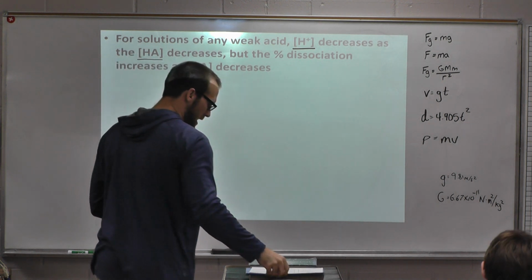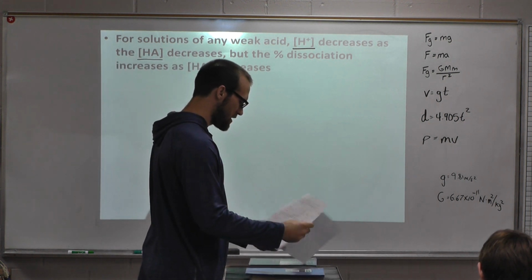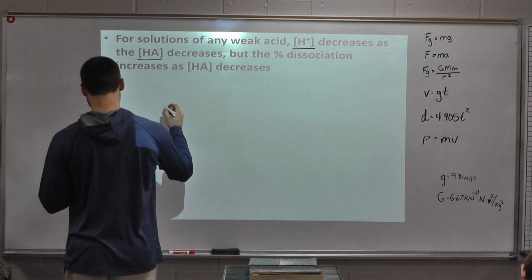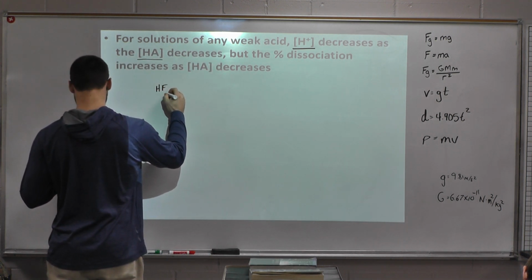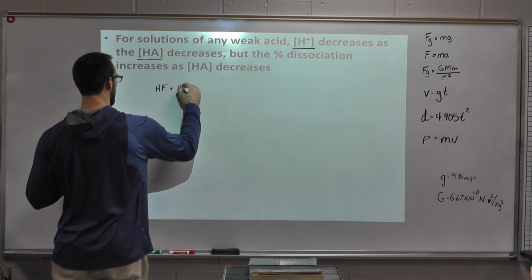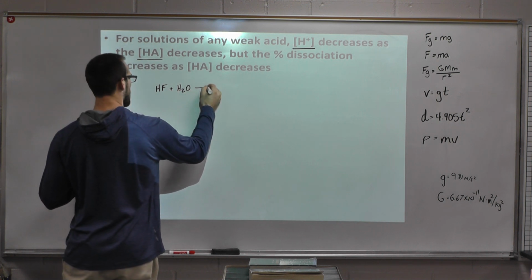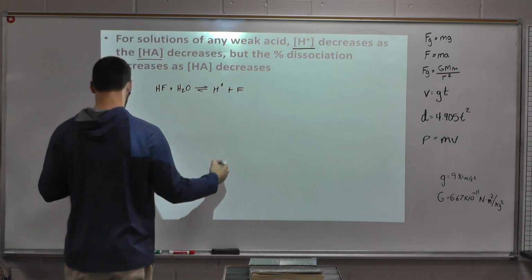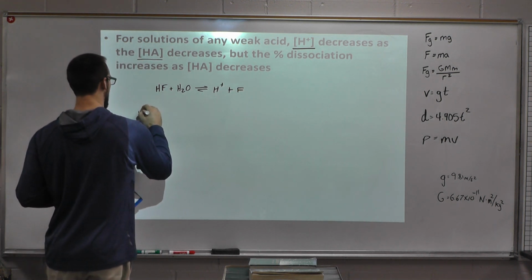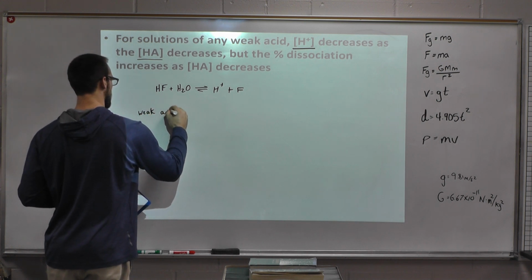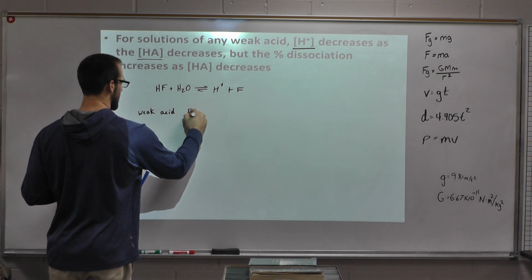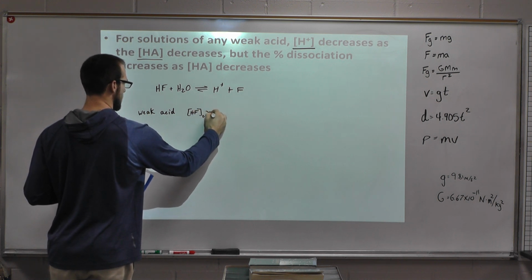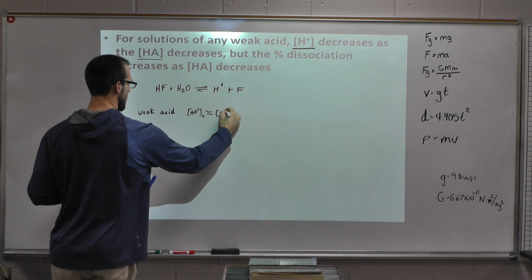Now, let's quantify this. Let's just say I've got this equation. Since it's a weak acid, we can say that the concentration of HF initially is approximately the concentration of HF at equilibrium.